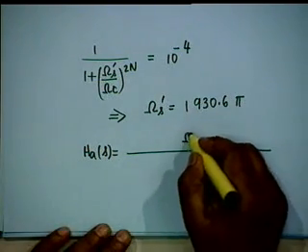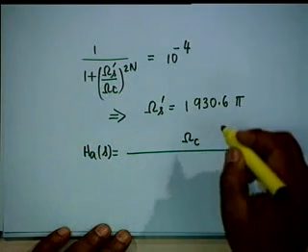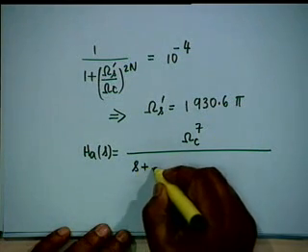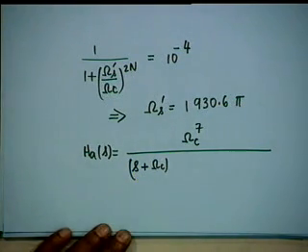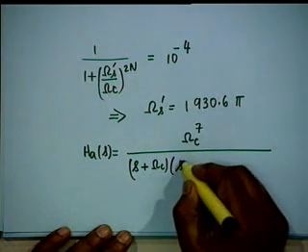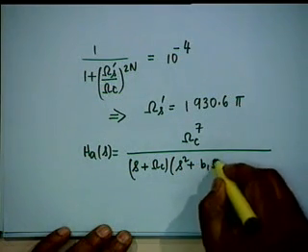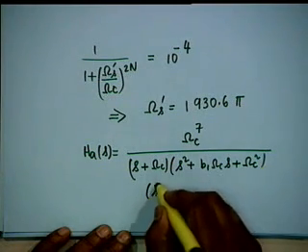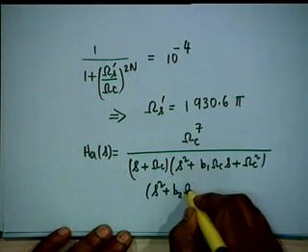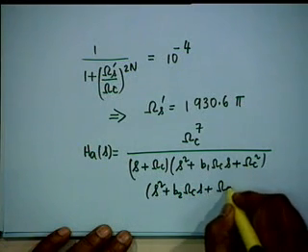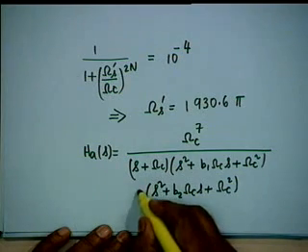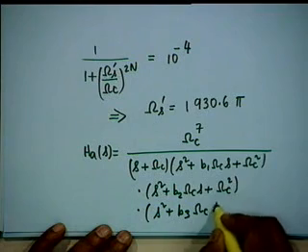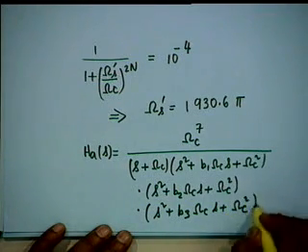that would be, numerator would be omega c to the power 7, s plus omega c, where omega c is 1000 pi, then s squared plus b1 omega c s plus omega c squared, s squared plus b2 omega c s plus omega c squared, multiplied by s squared plus b3 omega c s plus omega c squared.